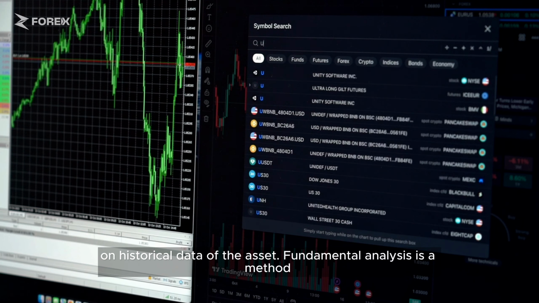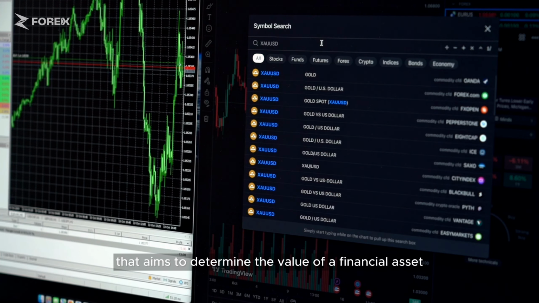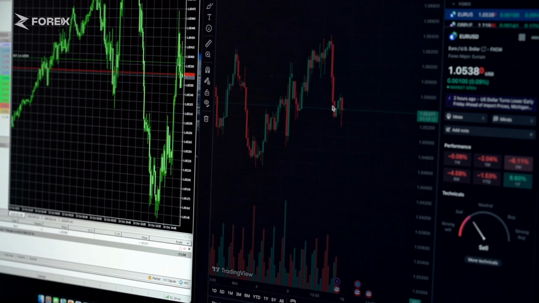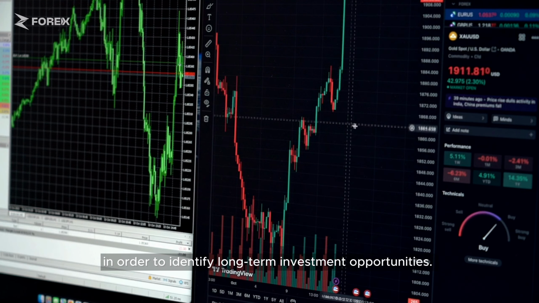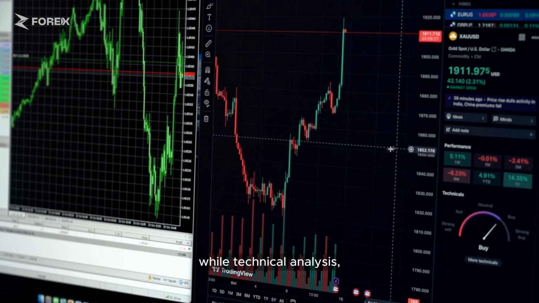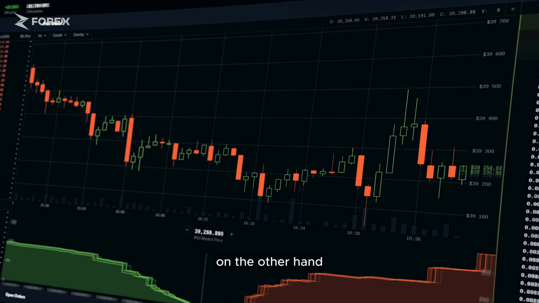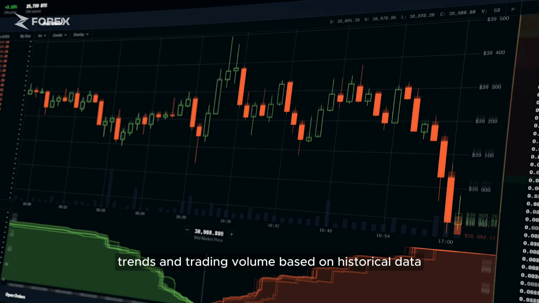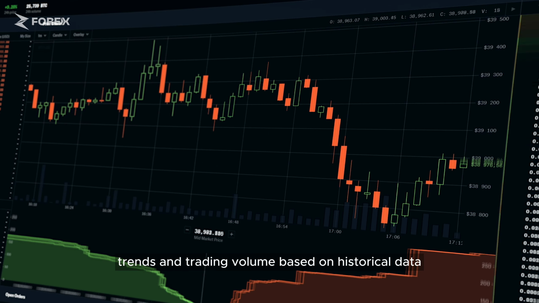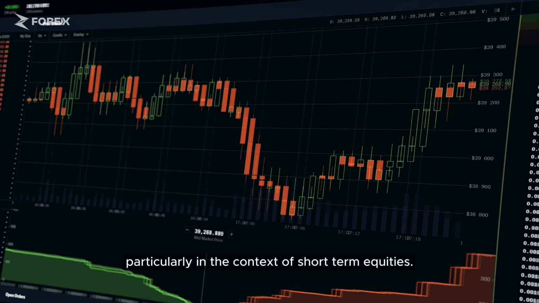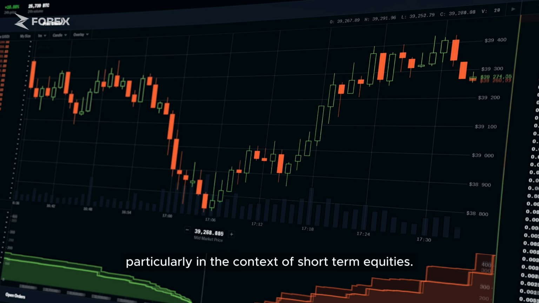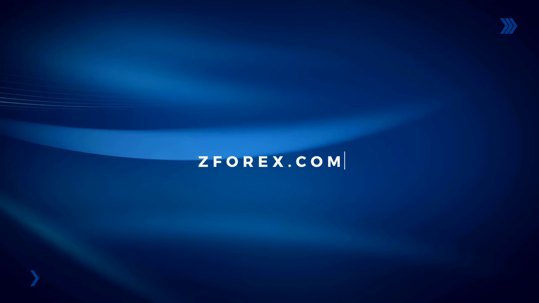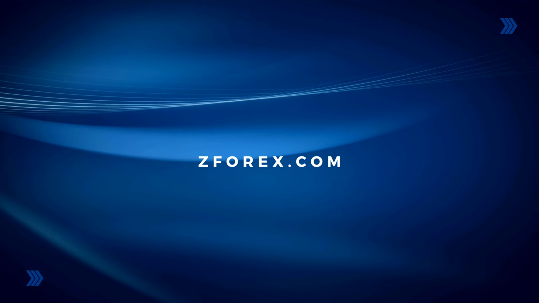Fundamental analysis is a method that aims to determine the value of a financial asset in order to identify long-term investment opportunities, while technical analysis, on the other hand, primarily seeks to predict price trends and trading volume based on historical data, particularly in the context of short-term equities.